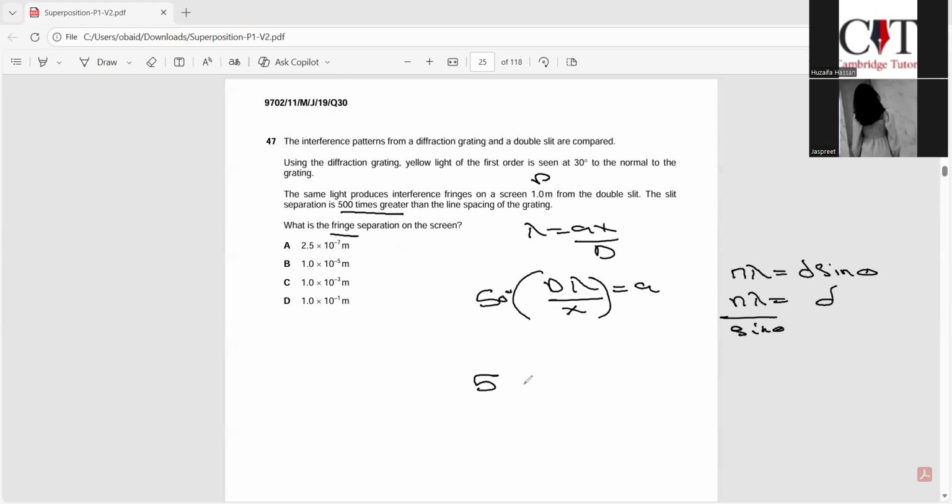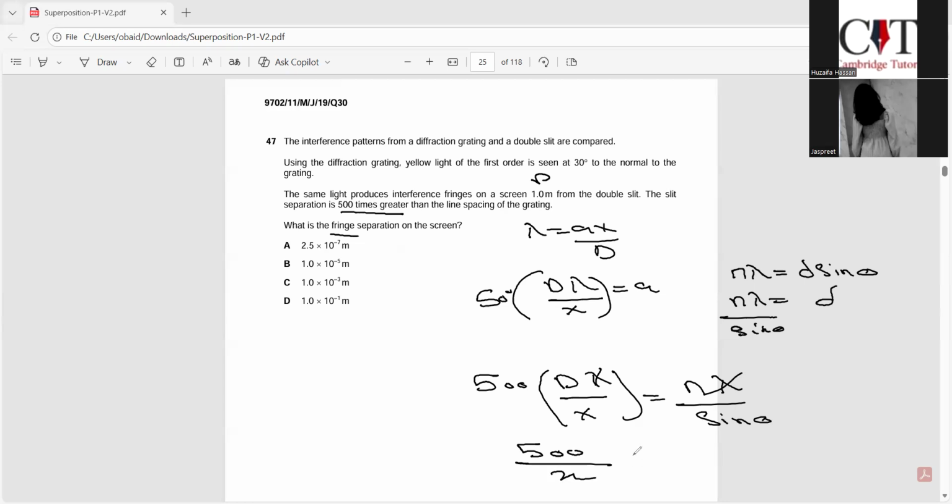So it would be 500 into d into lambda over fringe separation equals n lambda over sine theta. We know that lambda would be the same because it is the same light, so we cancel it. Now the question is pretty easy because the distance is 1 meter, so 500 over x equals n over sine 30.